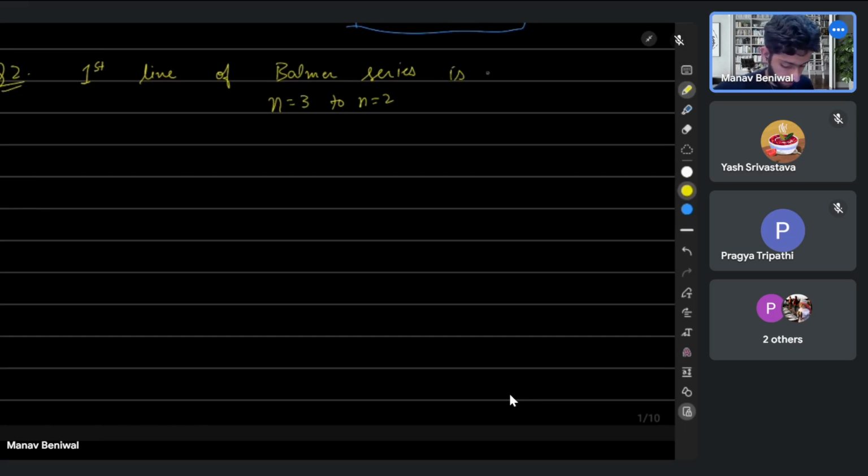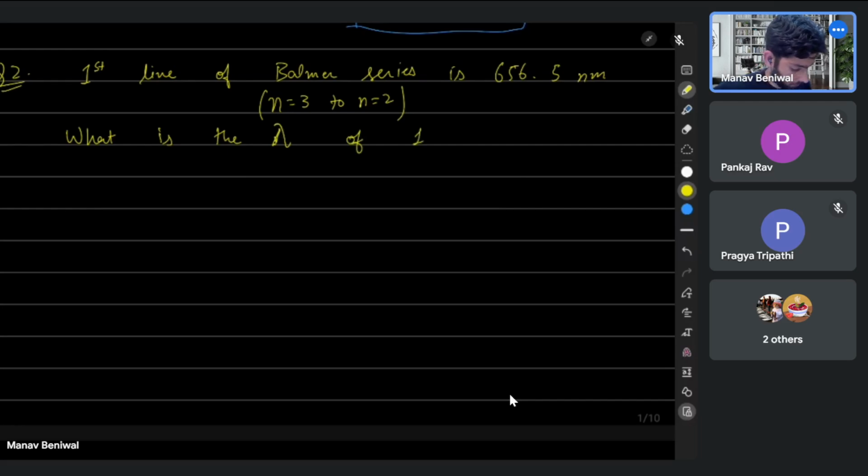Is 656.5 nanometers. What is the wavelength lambda of the first line of Paschen series?